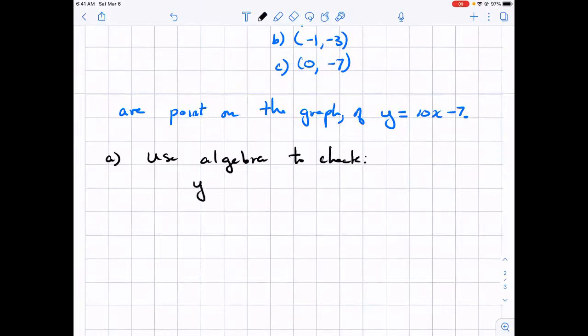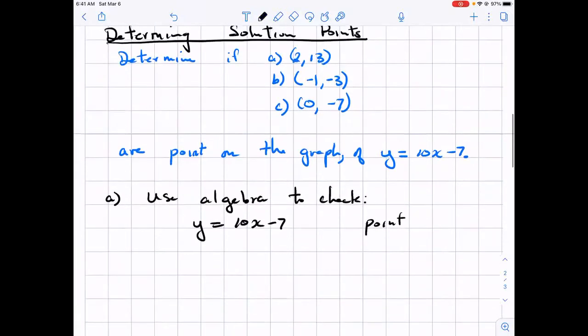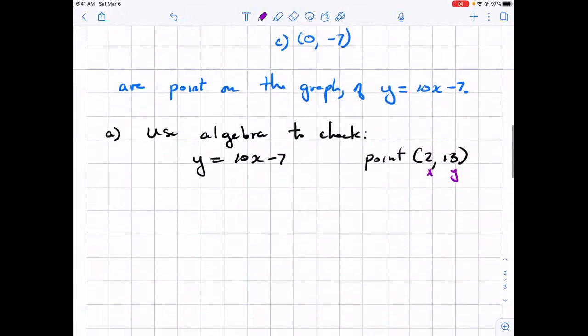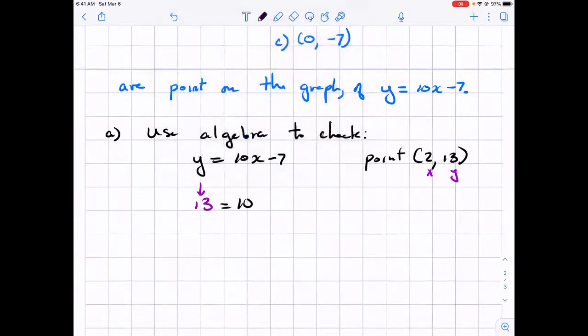We have y is equal to 10x minus 7, and the first point is (2, 13). So we have to recall that this is x and that's y. So instead of y, we're going to write 13 is equal to 10, and instead of x, we will write 2, since x is 2 and y is 13. Then we subtract 7.